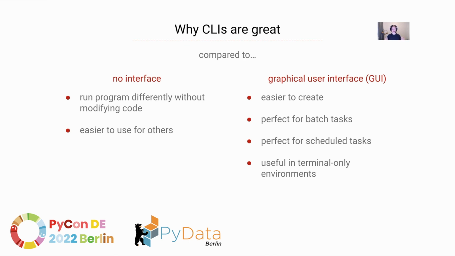For that, let's just take a step back and think about what are the alternatives to command line interfaces. So one alternative is what I termed here no interface. So I mean, you could just hard code everything directly, right? If that's the case, then your program will always run in exactly the same manner.